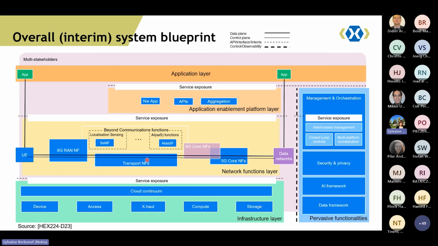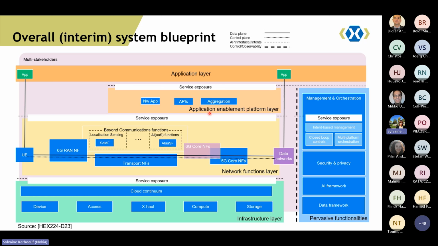Then we built this system blueprint, and indeed it is a realization of the 6G platform I introduced in the beginning, providing a flexible set of services to applications. At the top layer, we've got this application layer that represents the end user or enterprise applications.